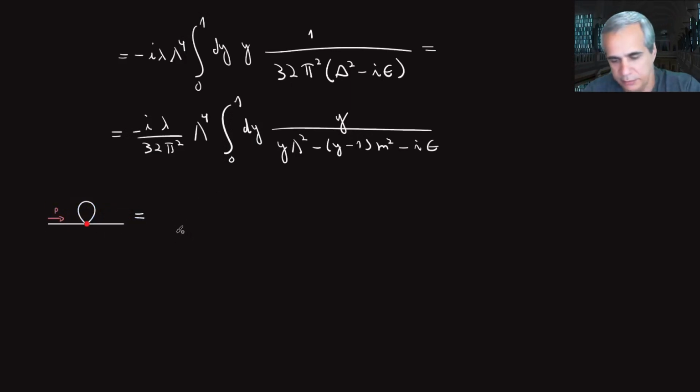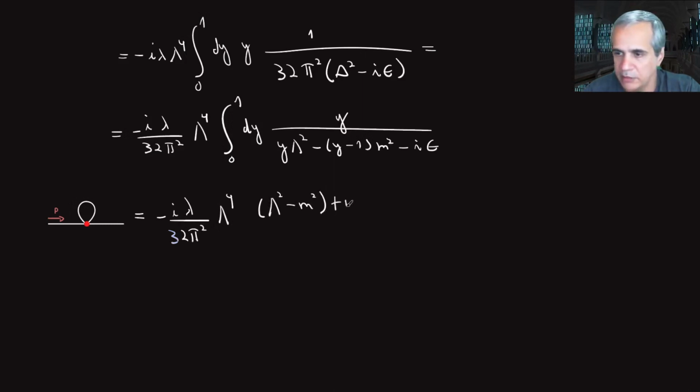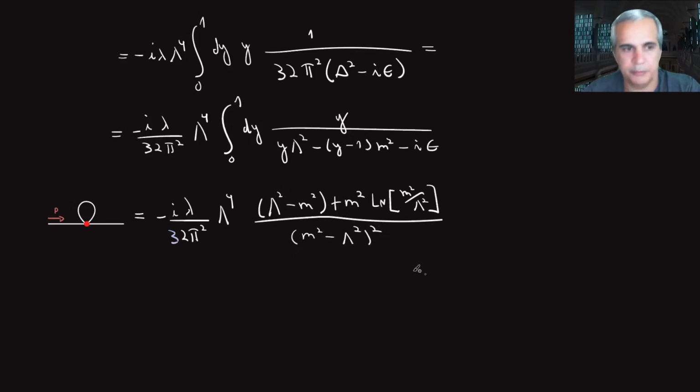And you get minus i lambda over 32 pi squared lambda 4, and then the integral will be just (lambda squared minus m squared plus m squared log of m squared over lambda squared) over (m squared minus lambda squared) squared.